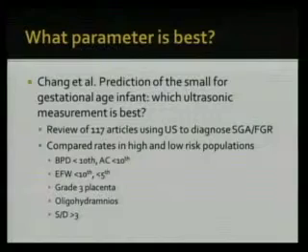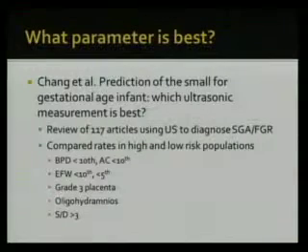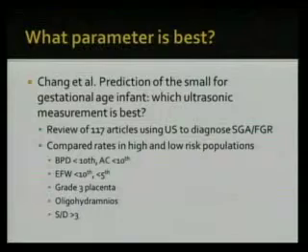They compared rates in the high and low risk population, like I addressed earlier. And they looked at a lot of factors, including the BPD less than the 10th percentile, abdominal circumference less than the 10th percentile, estimated fetal weight at less than 10th and less than 5th, grade 3 placenta, oligohydramnios, and an SD ratio of greater than 3.